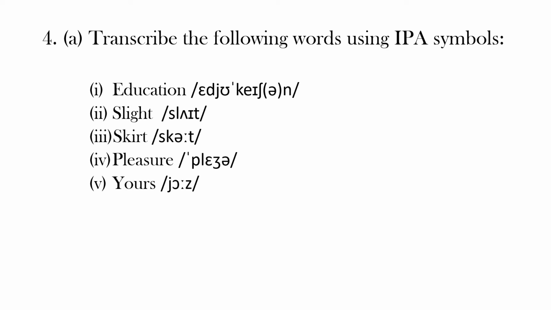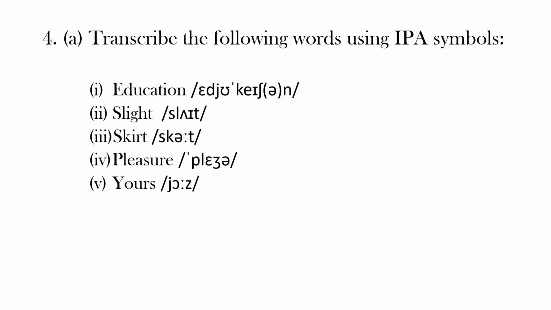Roman 3, skirt. Look at the transcription, copy it, and make sure that the transcription is within slash brackets. Roman 4. Pleasure. Look at the transcription again and make sure the transcription is within slash brackets.